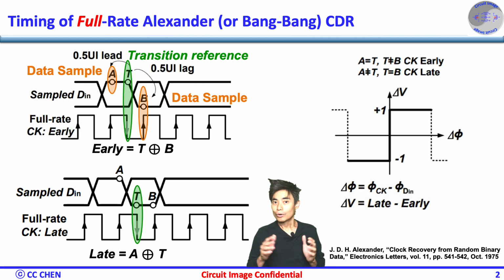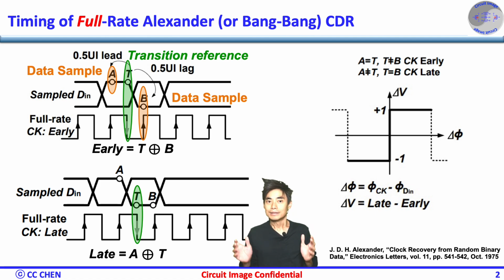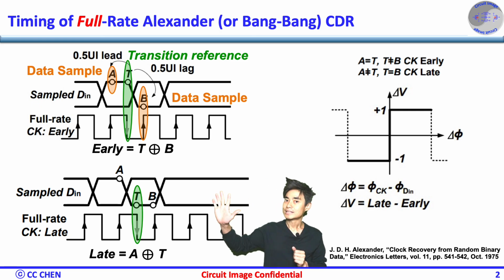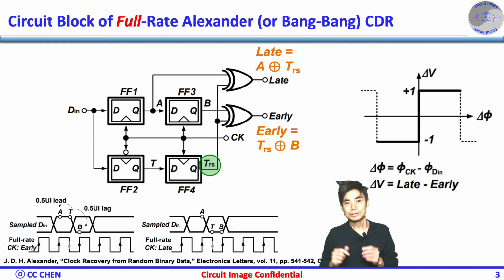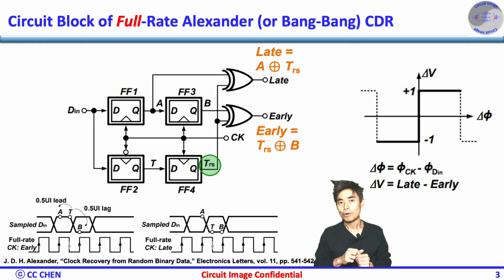After checking all the waveforms and the timing images, could you please come up with the corresponding circuit images for 5 seconds? Bingo! Those flip-flops FF1, FF2, and FF3 capture every half-UI consecutive sample data of the input data Din.